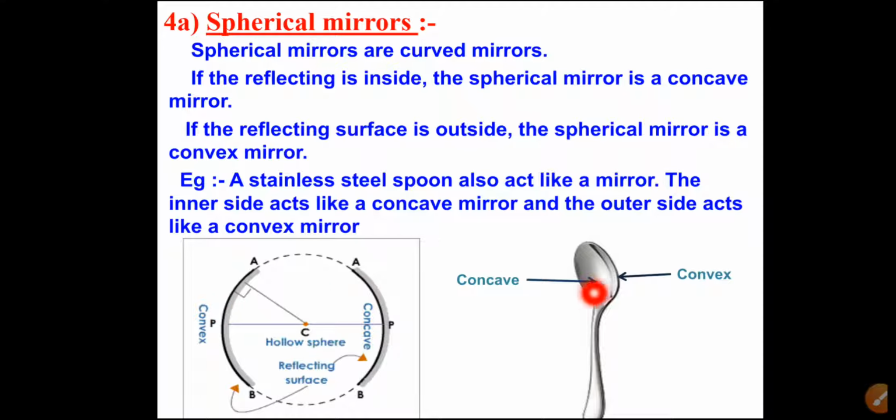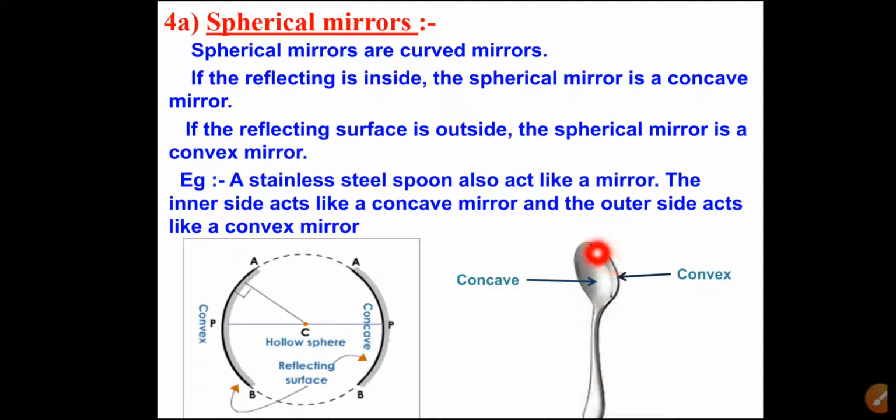If we take the example of this steel spoon, a new stainless steel spoon also acts as a mirror. When we look in a new stainless steel spoon, we can see our image also. Now see here, this is the inside area of the spoon, and this is the outer surface.